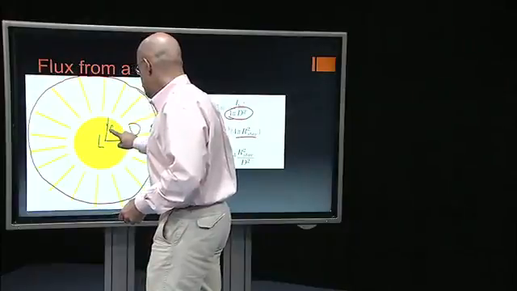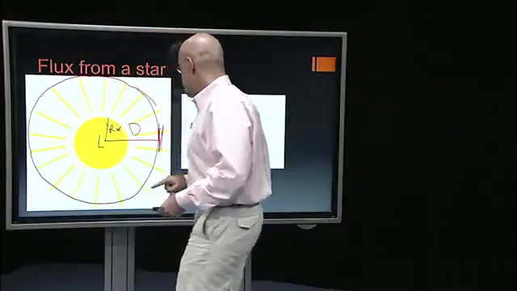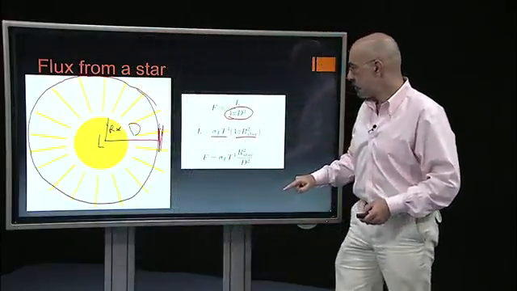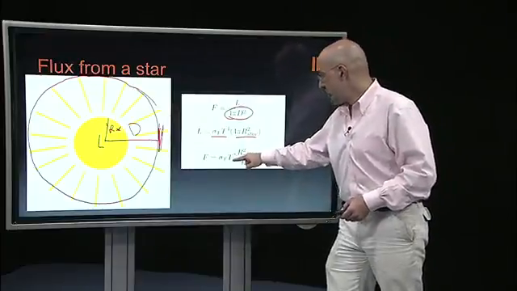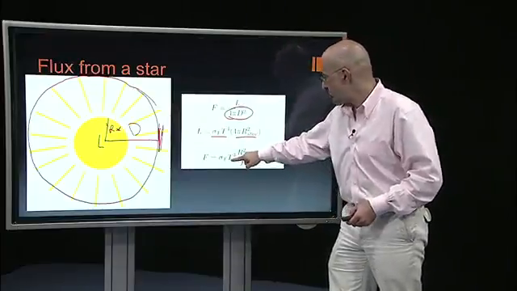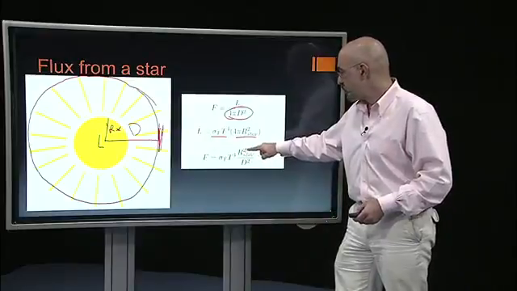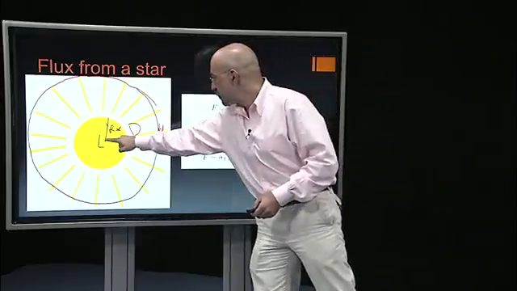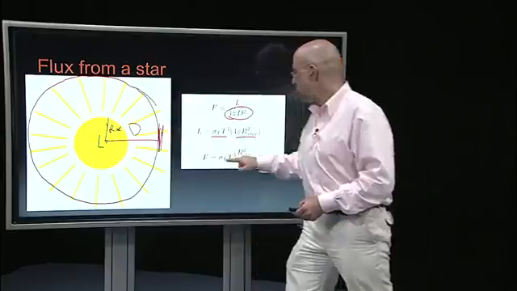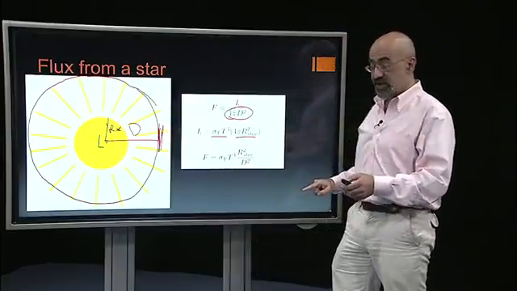So this is our star. These basic astronomical quantities, the star's temperature, the radius of the star, and the distance from the star to the planet, will determine how much energy hits the planet's surface.